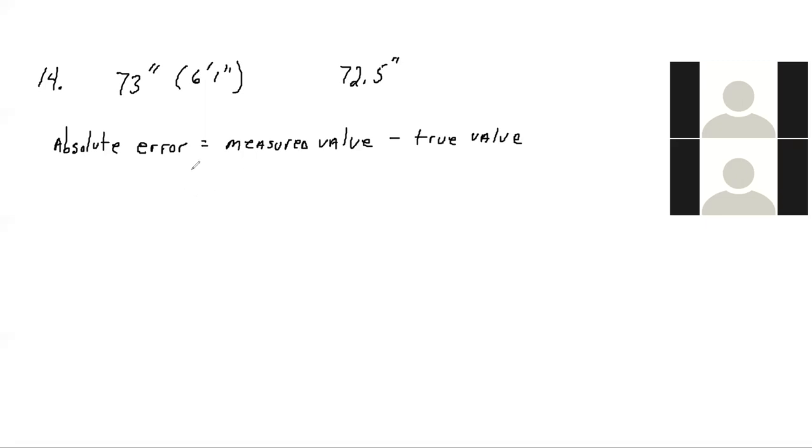So in our case, our measured value was 72.5 inches, and then we're going to subtract 73. So that's going to come out to negative 0.5. That is my absolute error right here.